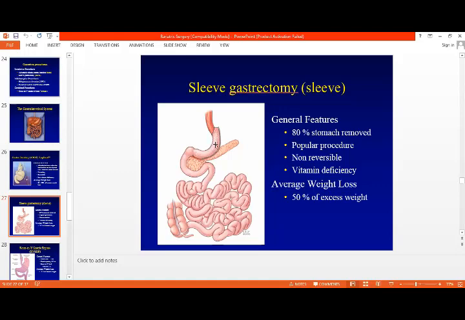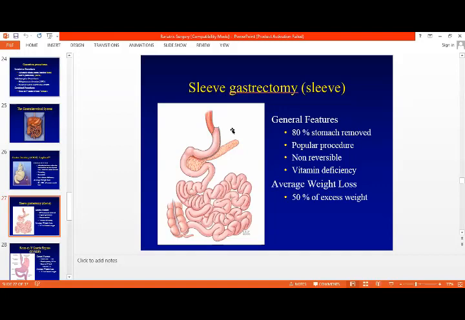It is just like a banana shape. Almost 4/5 of the capacity of the stomach is reduced. Only one fourth, even less than that, 1/5 of the stomach is left behind, and around 80% of the stomach is removed. This is a relatively new procedure, and it is getting popular among surgeons.